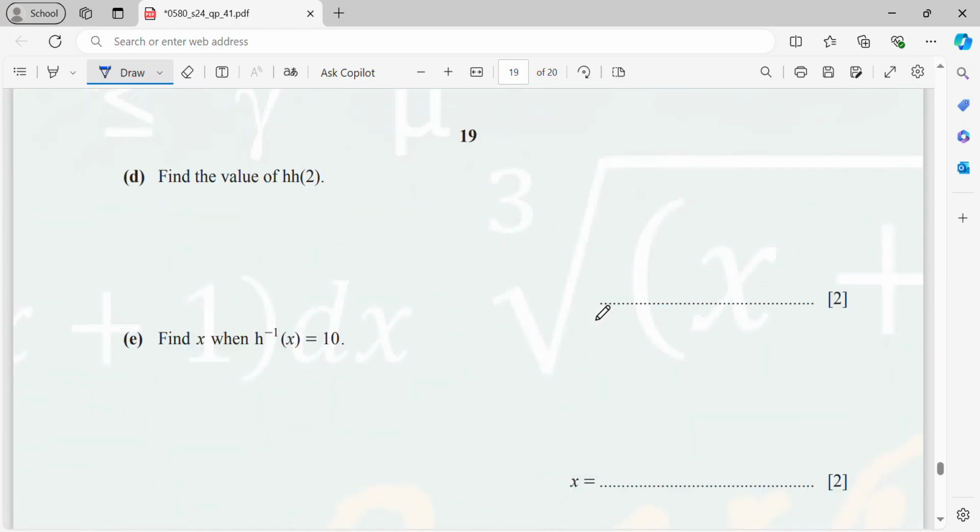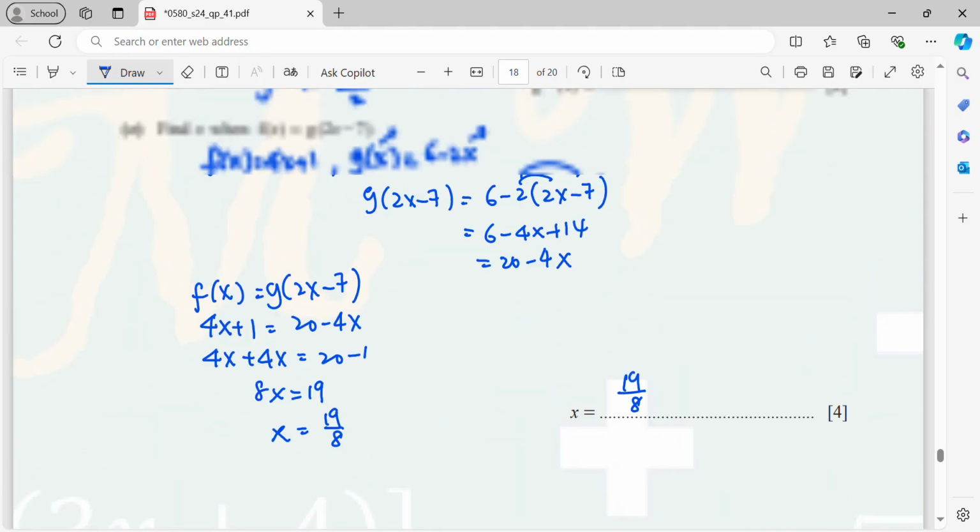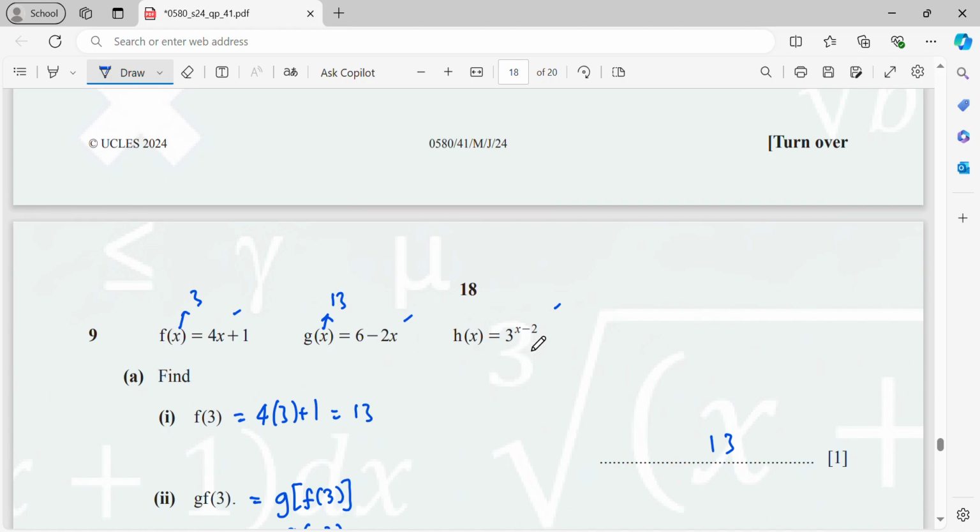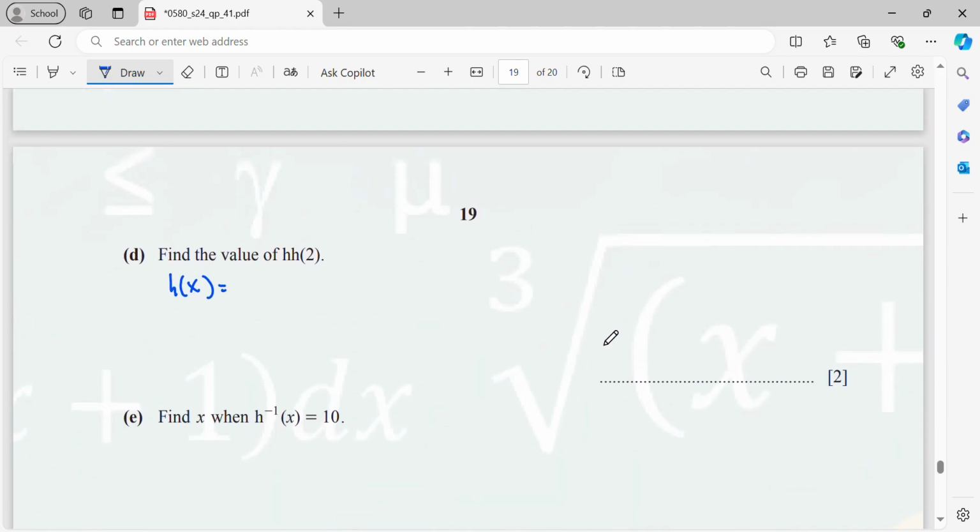D, find the value of h(h(2)). Now your h(x) equals 3 to the power of x minus 2. For h(2), replace the x by 2.